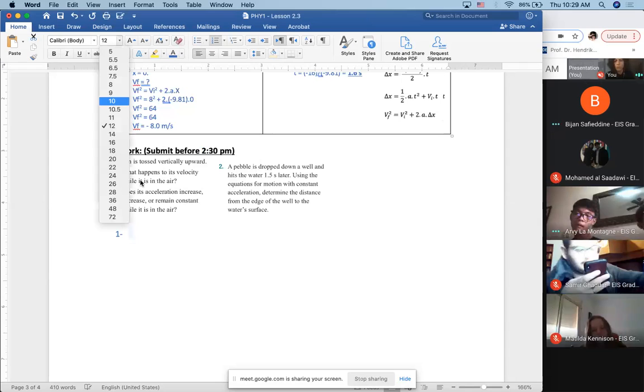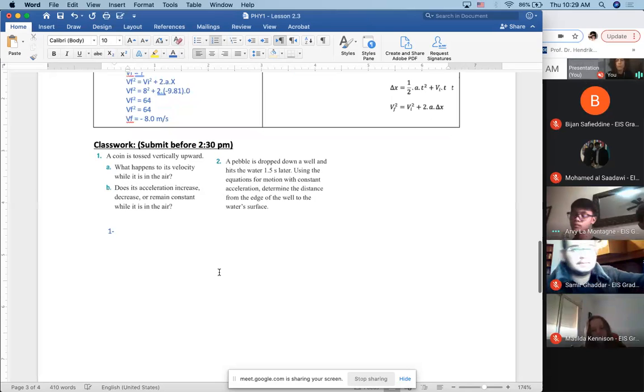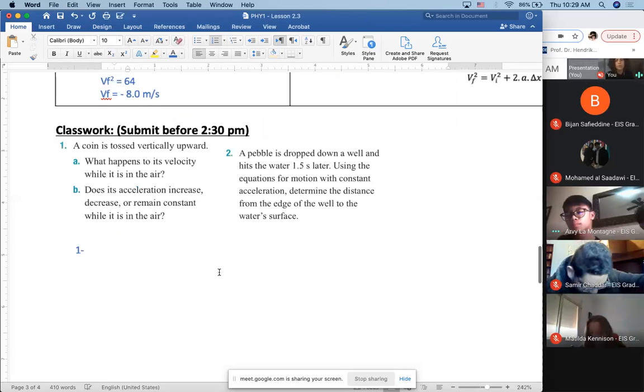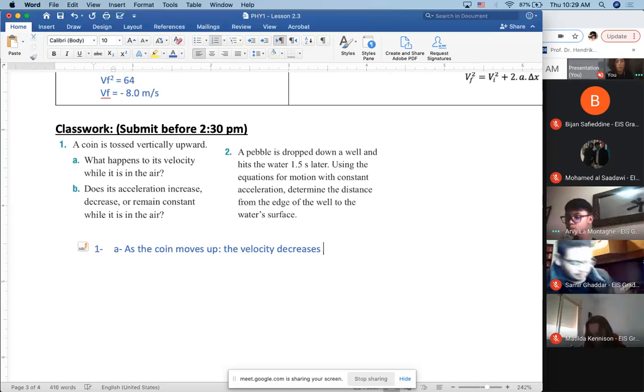All right, Sean. So a coin is tossed vertically upwards. What happens to its velocity while it's in the air? What did you say? Okay, so as the coin moves up, the velocity decreases until it reaches 0.